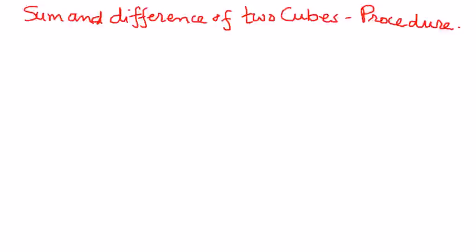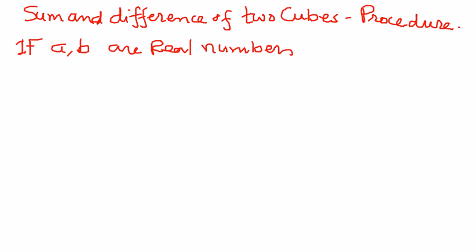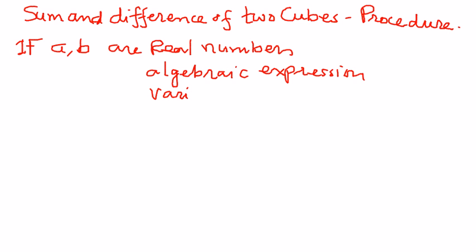Let me explain this. If a and b are real numbers, or if they are algebraic expressions, or if they are variables, it could be any of these, then we can write the sum of two cubes as follows.